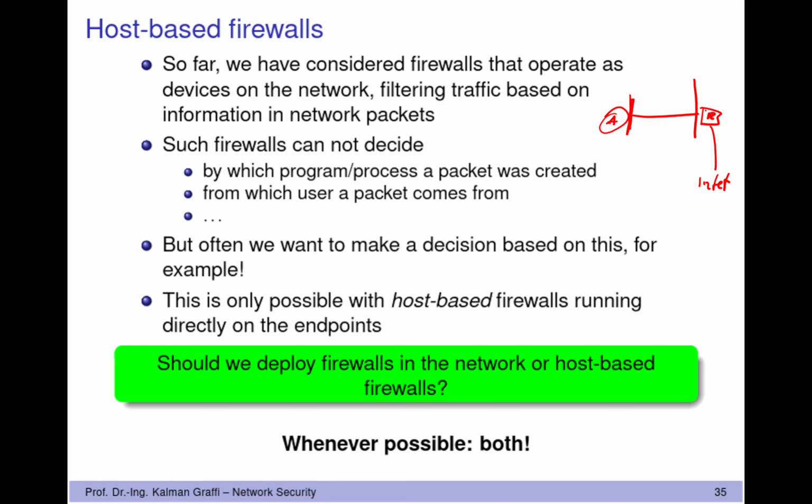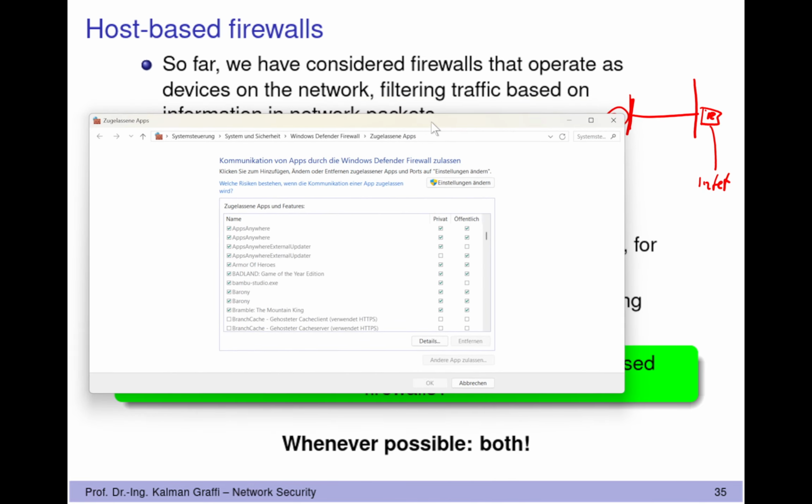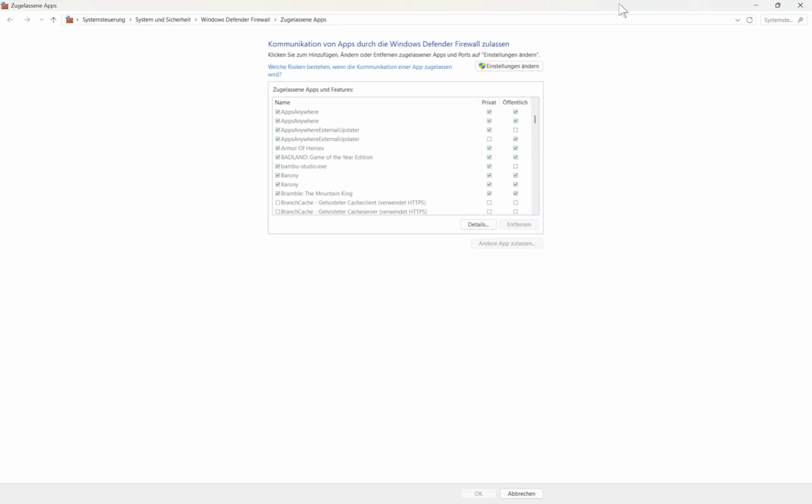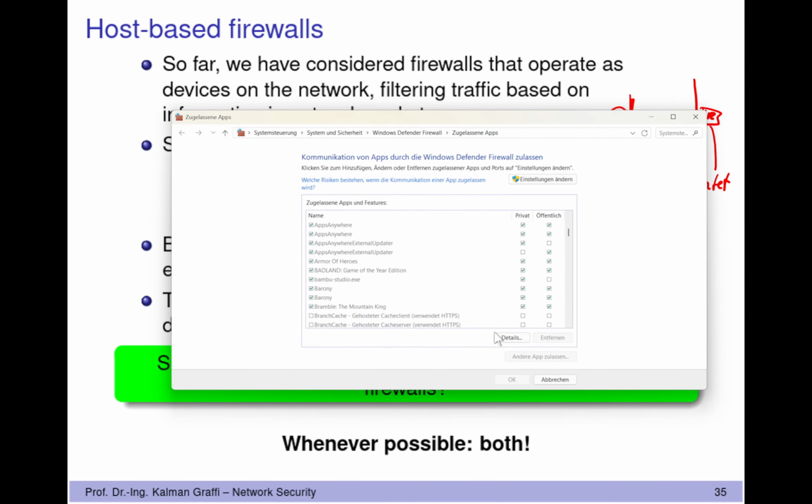Yeah, firewall. So typically you have firewalls in the network and firewalls in the hosts, so you try to establish it at various different points. Here's an example from my firewall. I'm not really sure how dangerous this is to show, but there are examples of in which kinds of networks something is allowed.